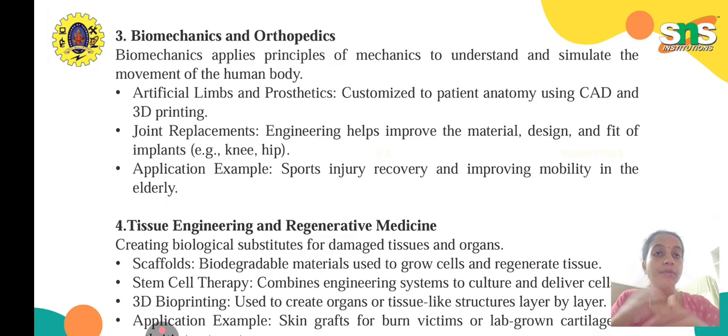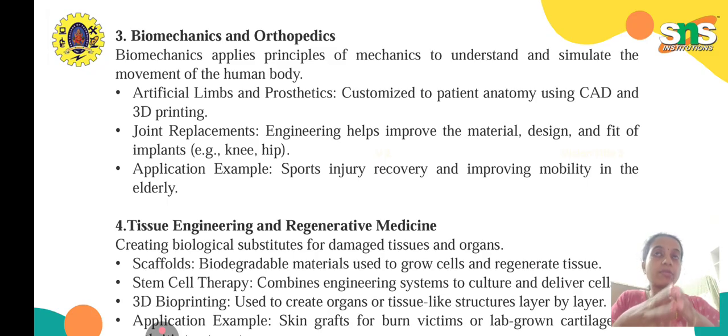Applications, for example, sports injury recovery and improving mobility in the elderly. Artificial limbs, prosthetics and joint replacement can be done for patients like sports injury patients, or for improving mobility in elderly people.